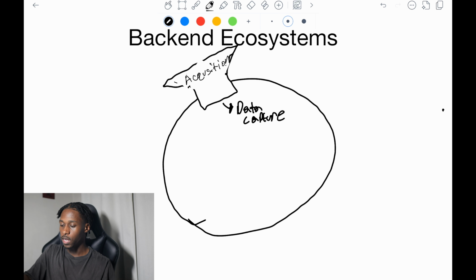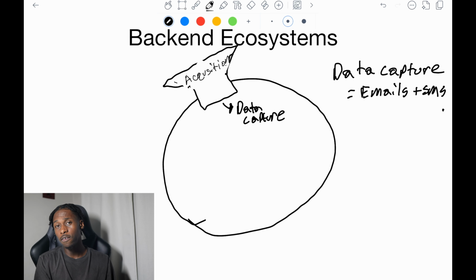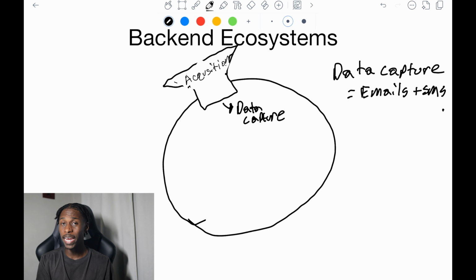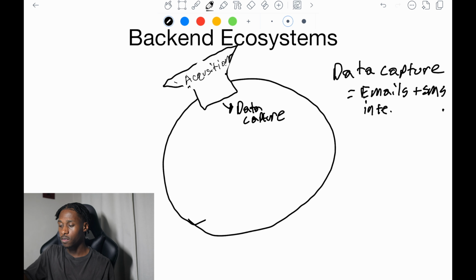And this data capture is just essentially capturing their emails, their SMS, and any other relevant data that will be good for you when it comes to building ads for them, and when it comes to obviously sending out email and SMS. So it can be something like their interests, their pain point. Why are they visiting your store?